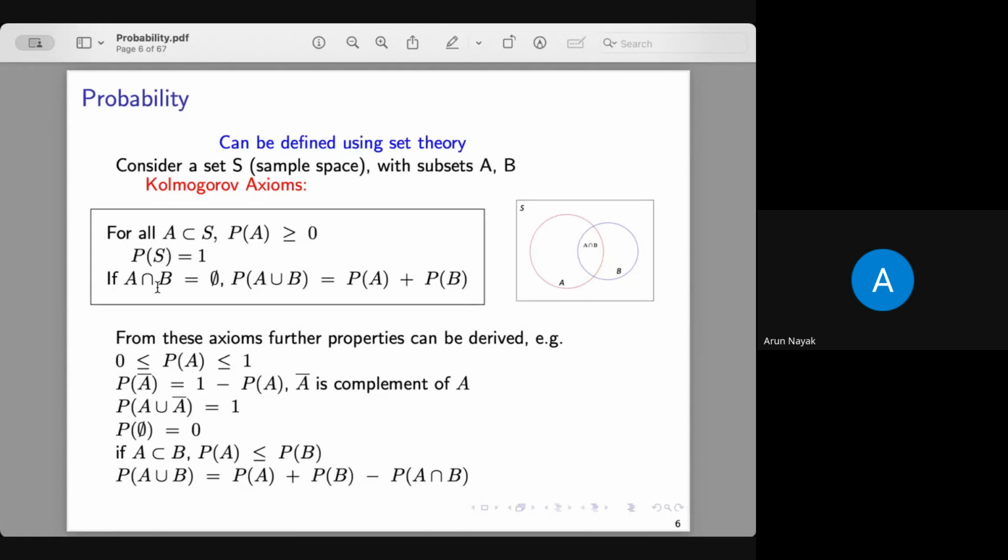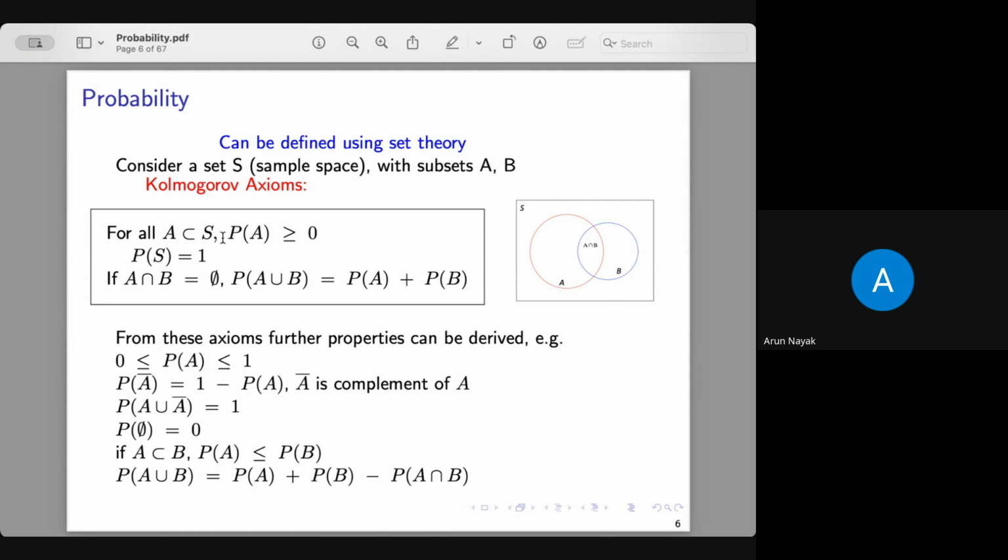And then if the probability of A and B is null, then the probability of A or B can simply be written as probability of A plus probability of B. Sorry, I made a mistake. This should be null, not non-null.